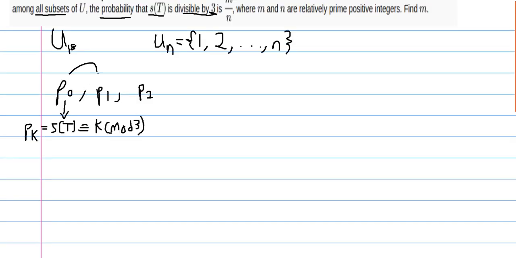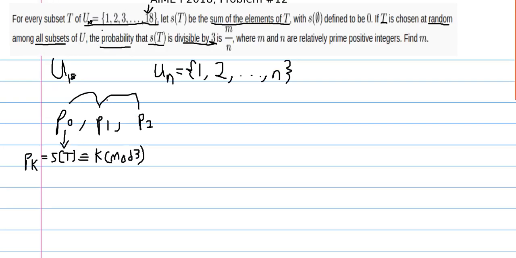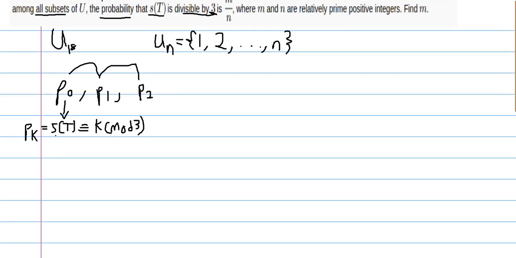Any S of t is just a positive integer, and it will be either 0 mod 3, 1 mod 3, or 2 mod 3. So the sum of these probabilities has to equal 1.